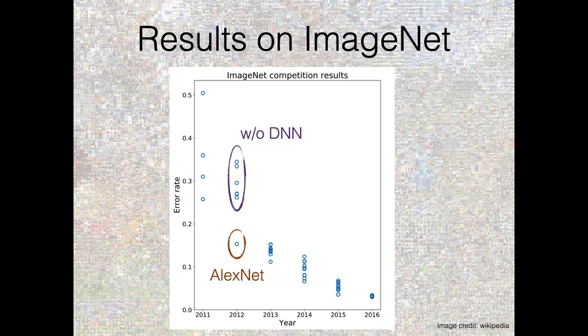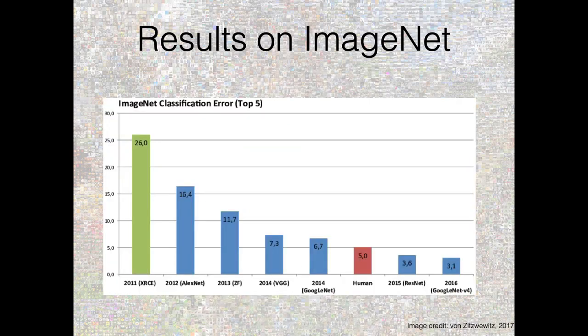Since then, all the models used in this competition, which is no longer sustained as a challenge but still has the dataset available, have been based on DNNs. Even in 2014-15 it was claimed that DNNs could perform better than humans.